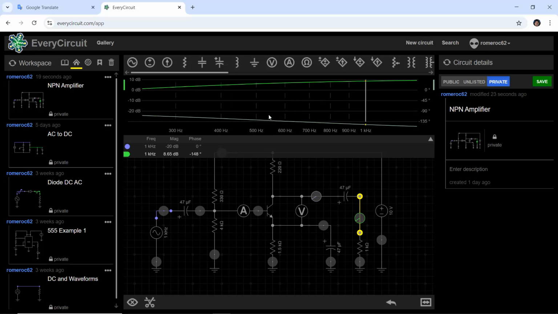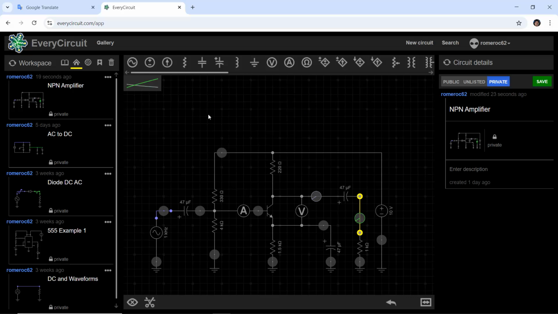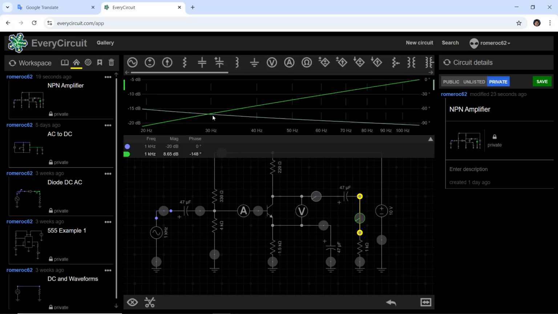For example here, for 30 hertz the gain is about minus 17 decibels and the phase is about minus 70 degrees.